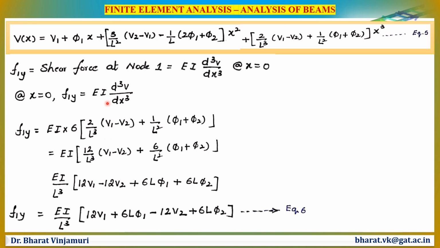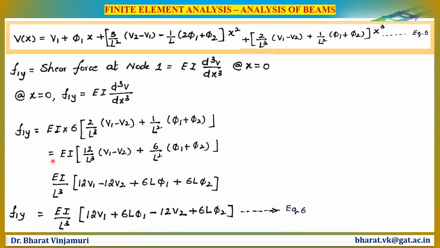Now substituting this value and slightly simplifying will end up in equation number 6. Let me explain once again. The 6 goes inside, giving 12 by L cube, v1 minus v2 plus 6 by L square, phi 1 plus phi 2, where once again we have taken L cube common.